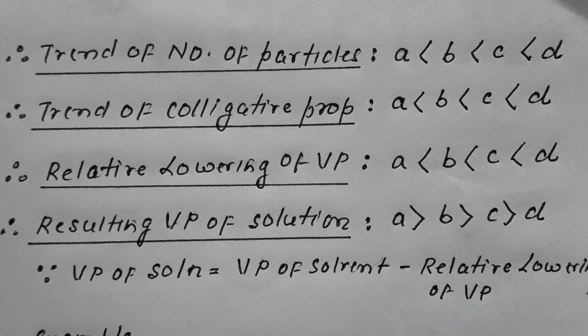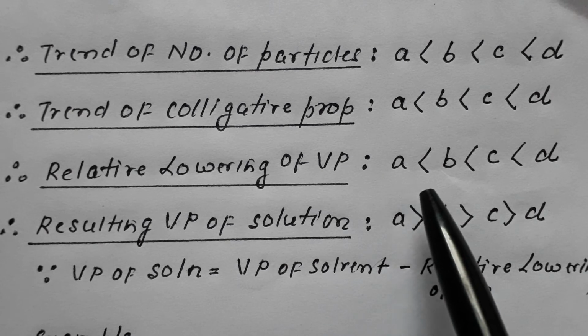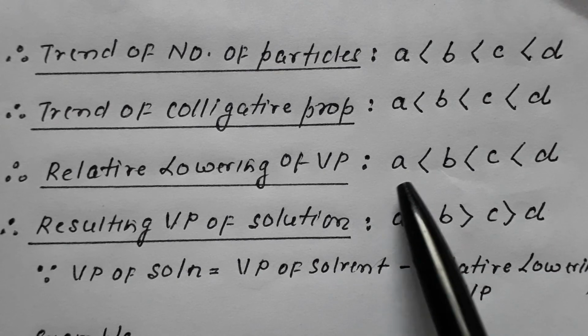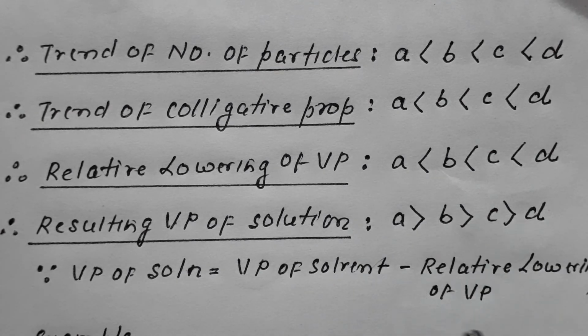Since the relative lowering is least in case of A, this subtraction would be least in case of A. Therefore, the resulting vapor pressure would be highest in case of A.